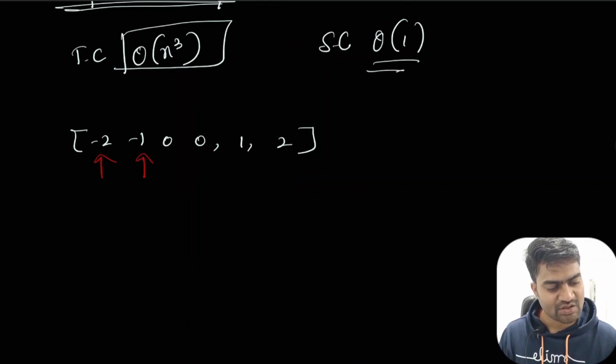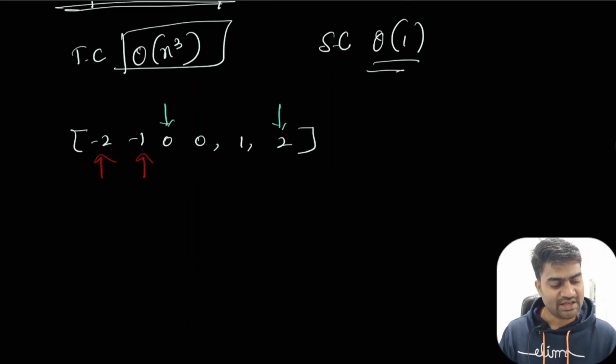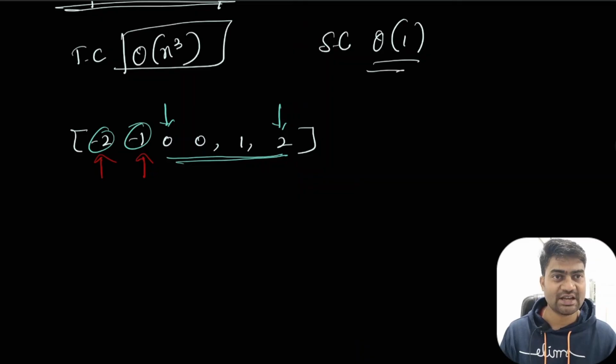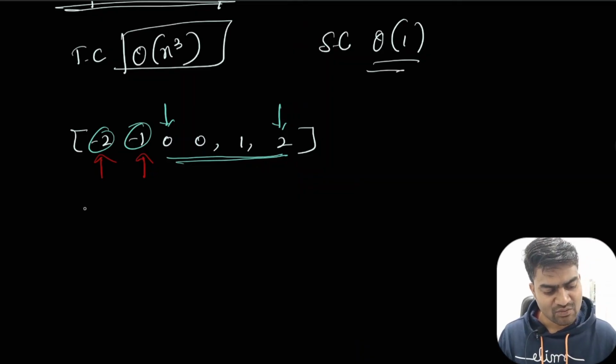Now what I will do, I will take a left pointer, right pointer. Then I will try to find two numbers in this set and I will assume these two are my first and second number. Since this is sorted, my target is 0, correct?